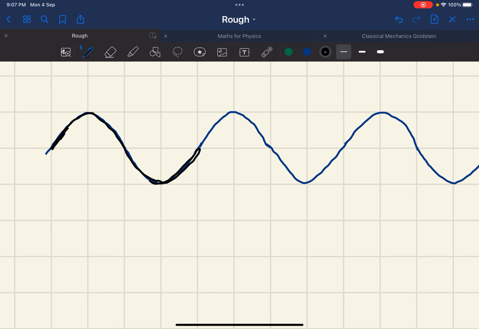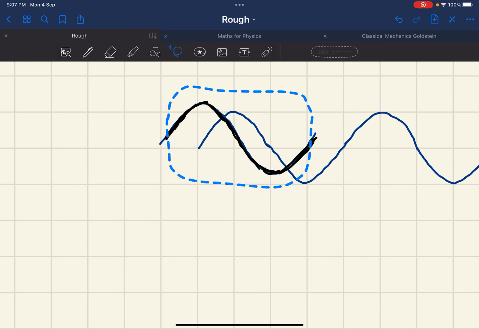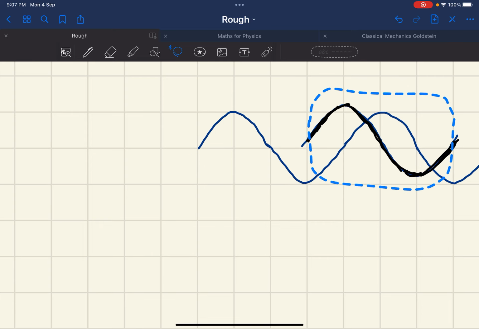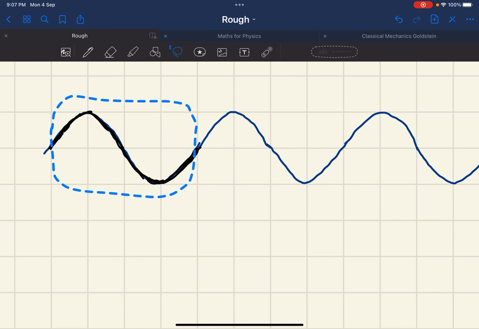So this is one unit because this is the smallest piece of the wave, where if you get this and then you copy and paste it onto the next part, it can get repeated.